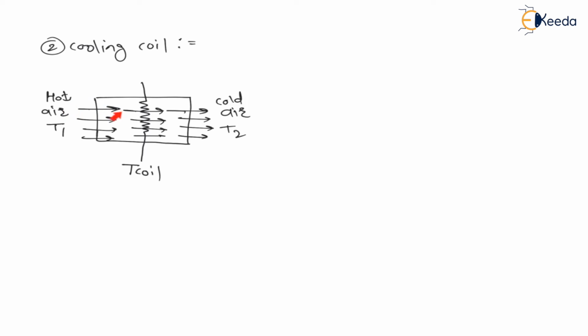That means it will try to achieve the temperature of coil, but because of resistance in radiation and convection heat transfer, this hot air will not come up to the temperature of coil. And this hot air will come out as cold air at a different temperature. Therefore we can say T1 will be more than T2, which is more than the temperature of coil. In this case the temperature of coil will be minimum, right?